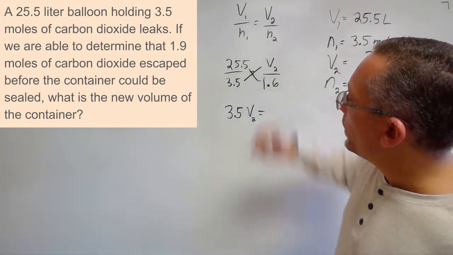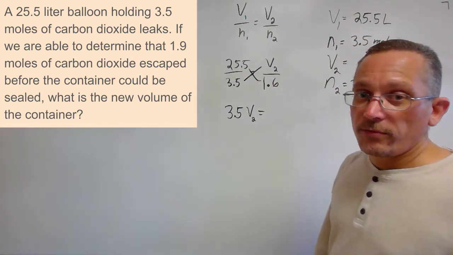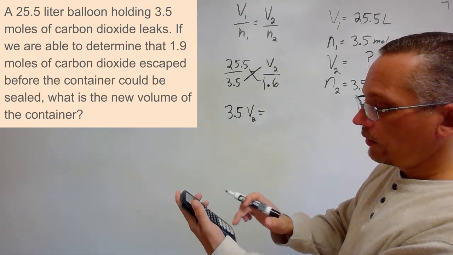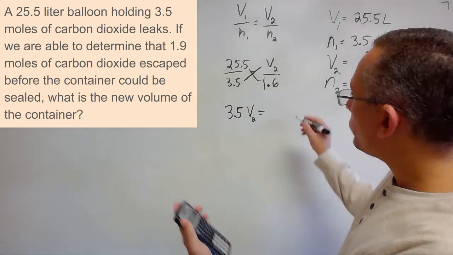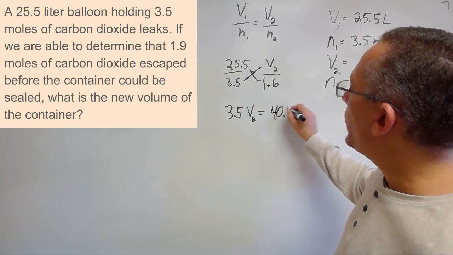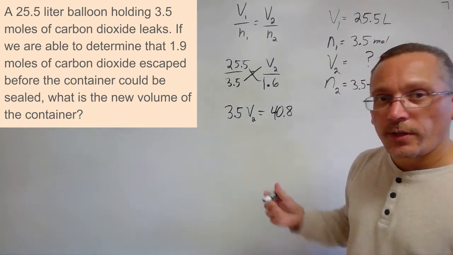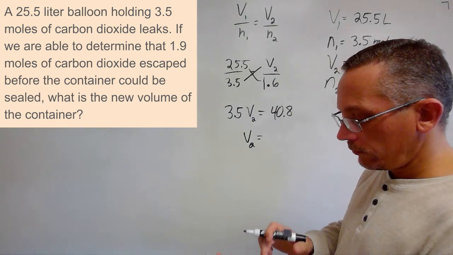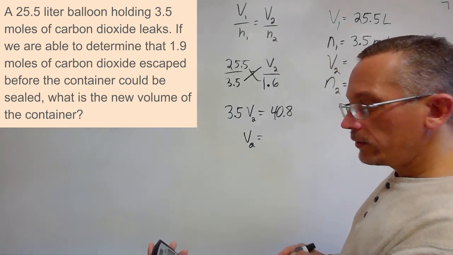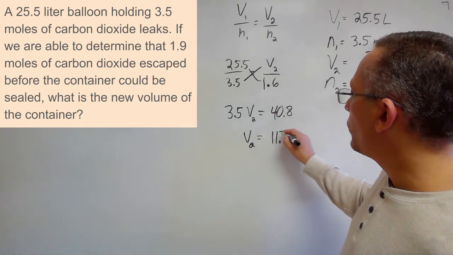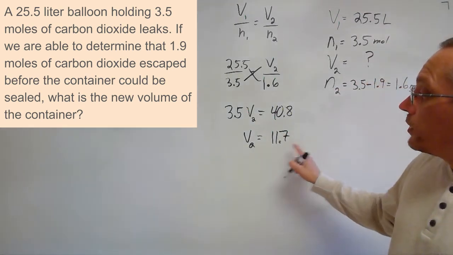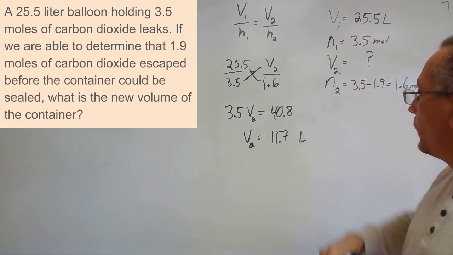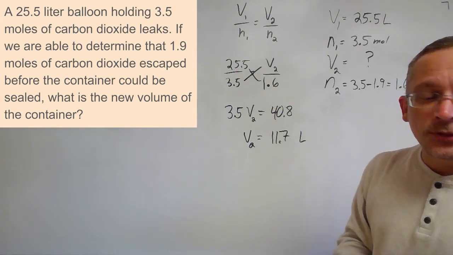And then I'll multiply this way. So I've got 1.6 times 25.5. Okay, got my calculator here and figure that out. 1.6 times 25.5. I got 40.8, and then we'll divide both sides by 3.5. And I got about 11.7. Okay. And my unit should be the same as the other volume, should be in liters. So there you go, not too tricky.